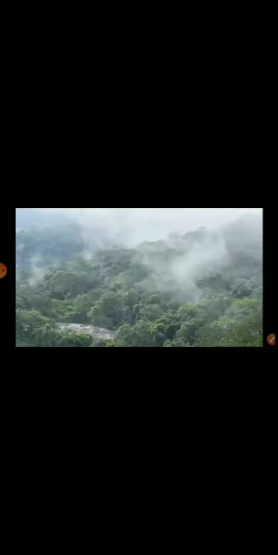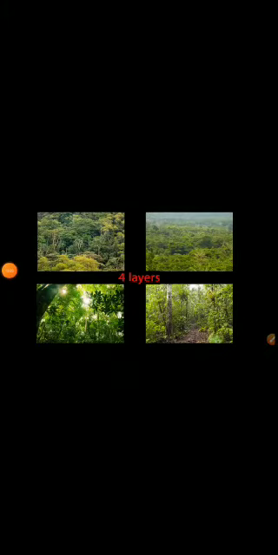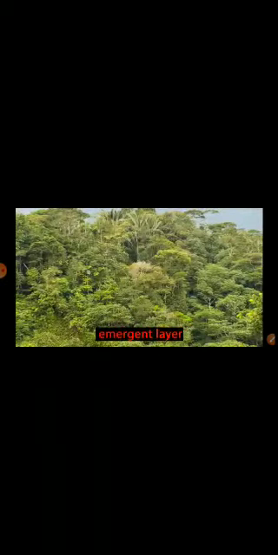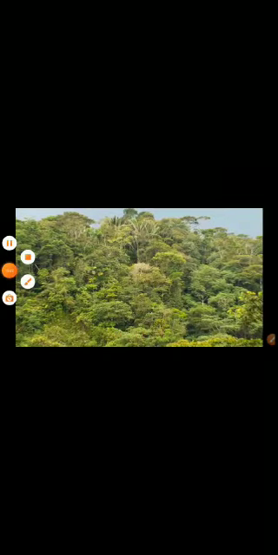Some parts of the rainforest are in mountainous areas. The forest has 4 layers: the emergent layer, the canopy, the understory, and the forest floor. Each layer has its own story to tell. The emergent layer is the highest in the rainforest. It is where the tallest of the trees stick out from the top.